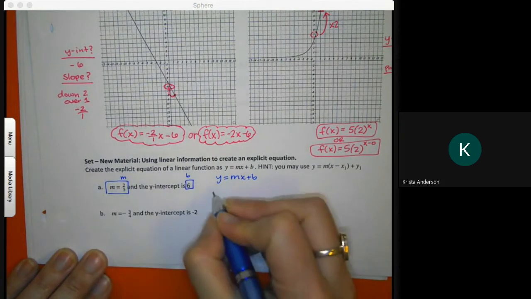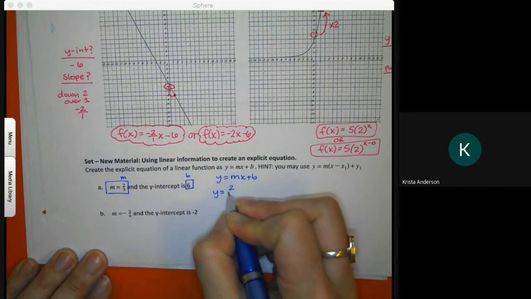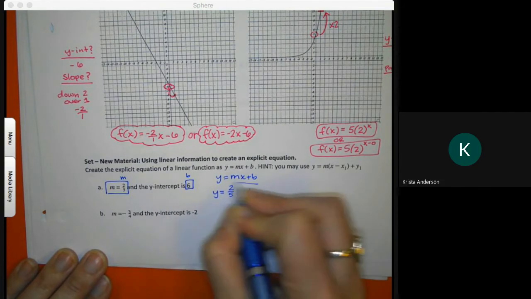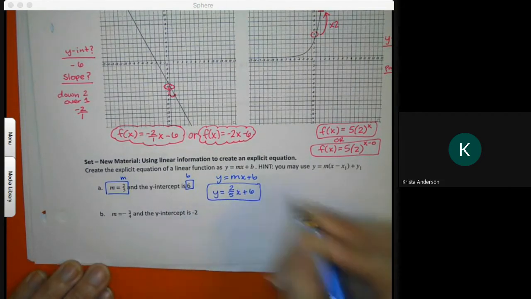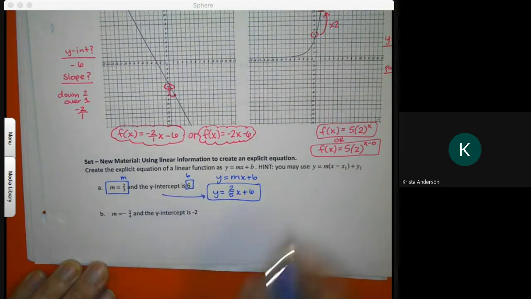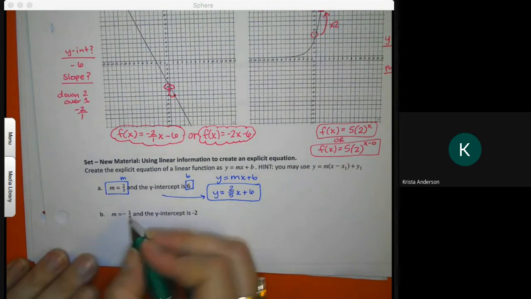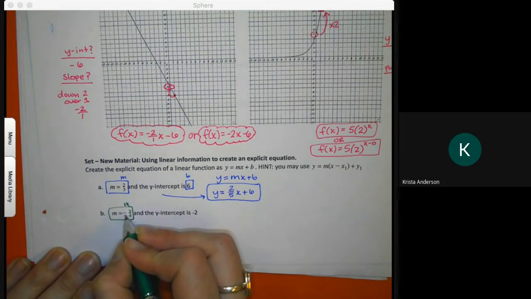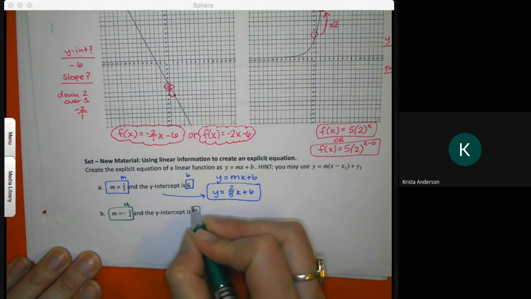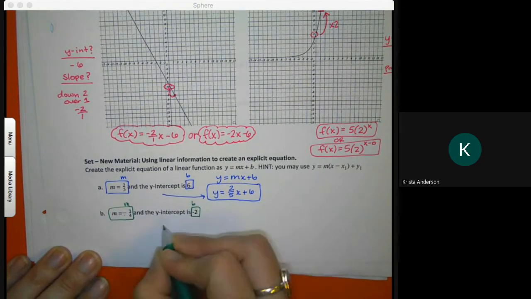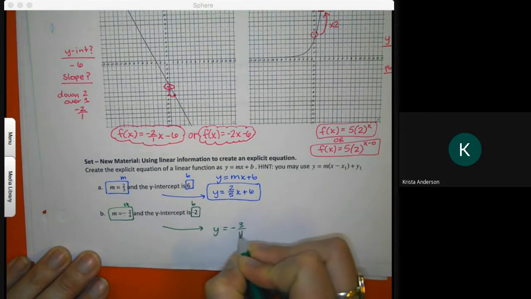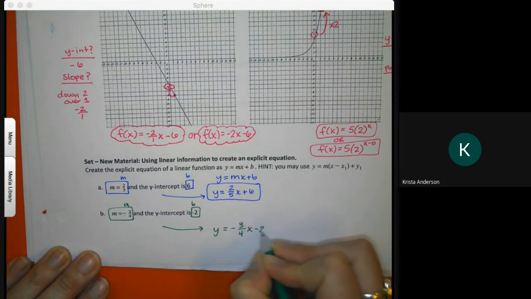So I would just replace it and have 2 over 5x with a plus 6. This is my m. Notice it's negative. This is my y-intercept. Y equals negative 3/4 x, and it's a minus 2 at the end.